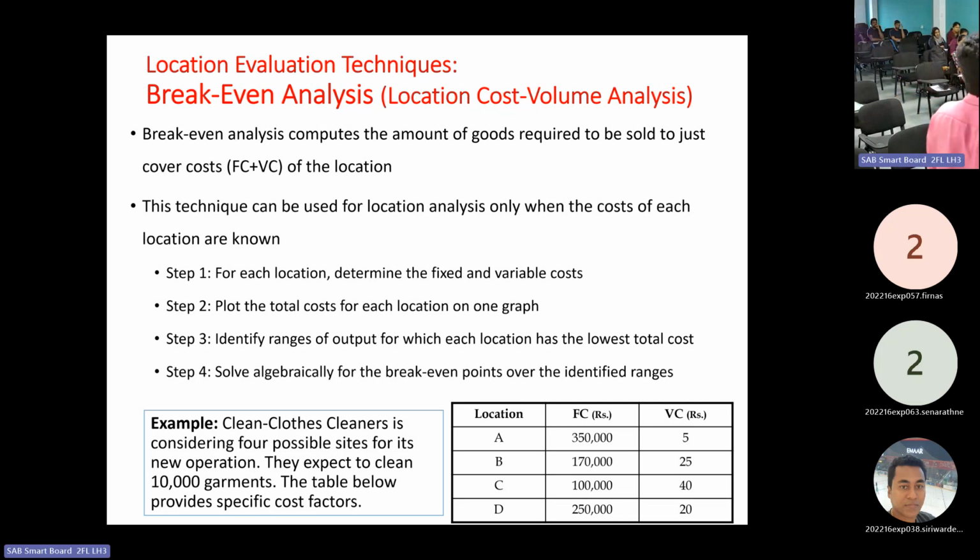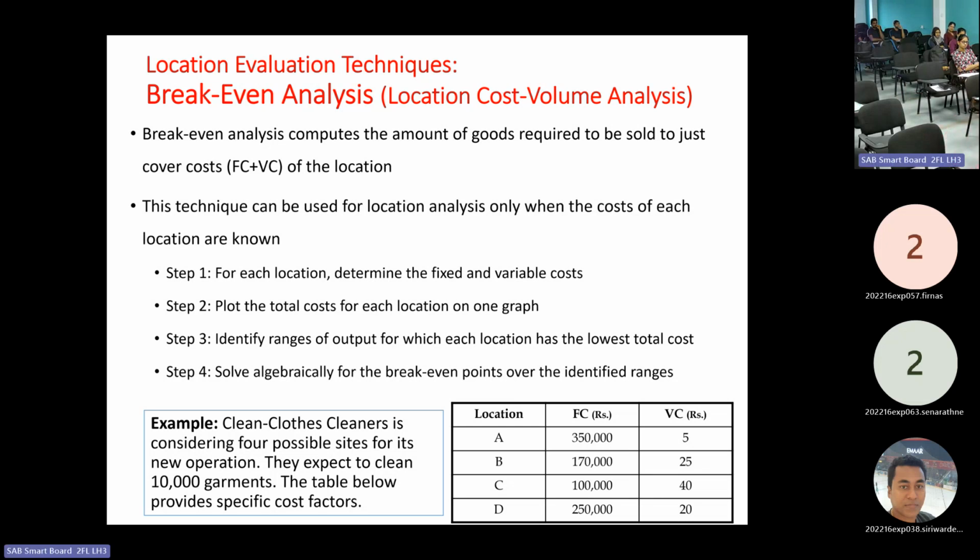In these calculations, both fixed and variable cost of each location is used. As you can see here, these are 4 steps to use this technique. First of all, for each alternative location, determine the fixed and the variable cost. We'll have to estimate if we are to use this technique. Say for an example, we are given one example. 4 alternative locations are considered.